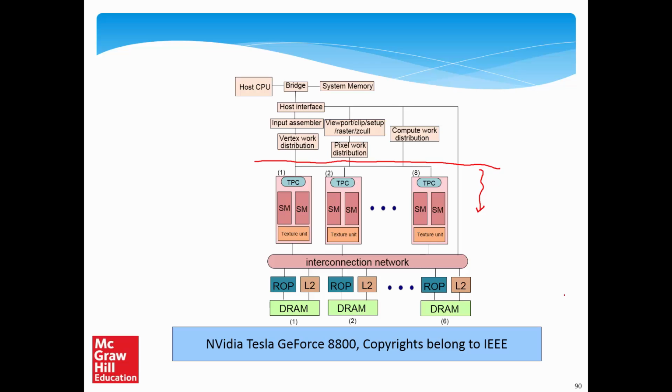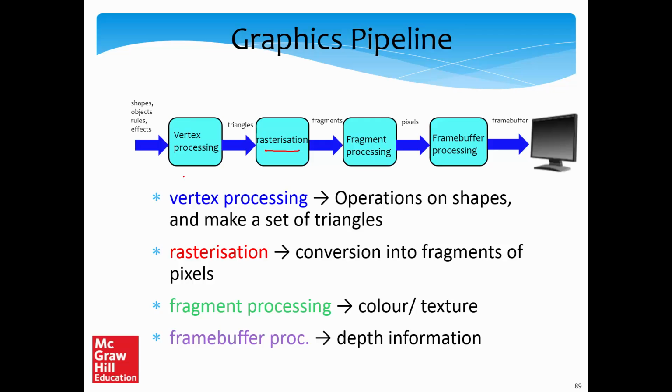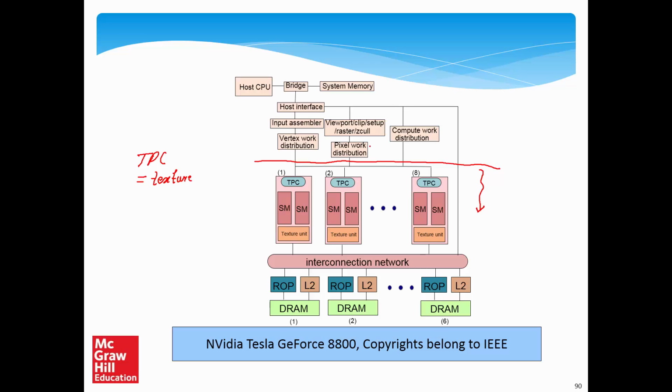A TPC is defined as a texture processor cluster, which means it has units to process textures. If we go back, we will see that the fragment processing part can also add a little bit of texture to the different fragments. It also has regular processors. Both of these are required in graphics jobs, as well as the processors being required in general purpose jobs.